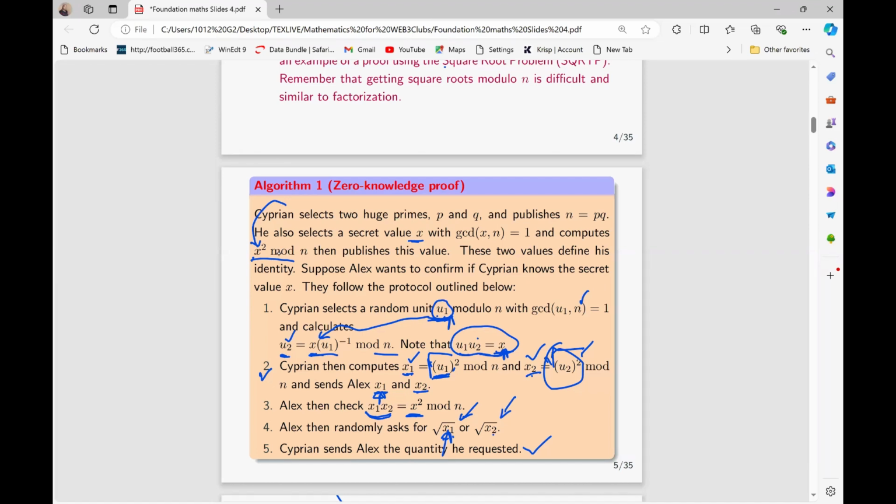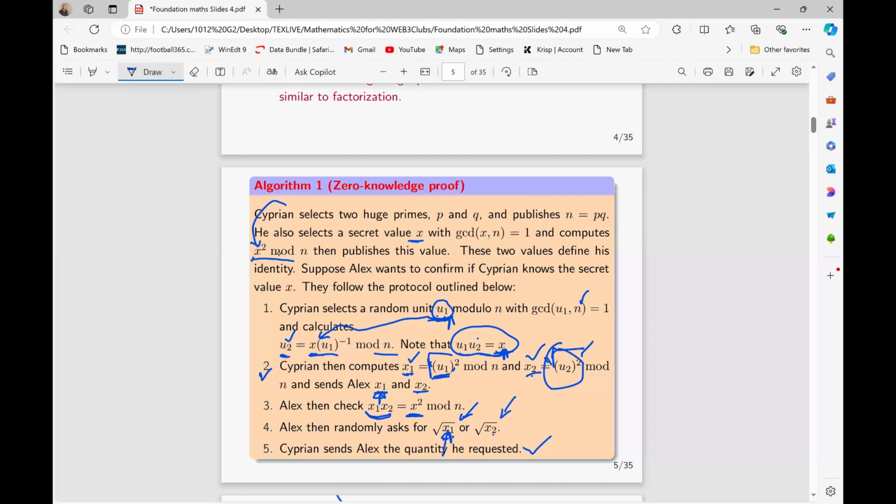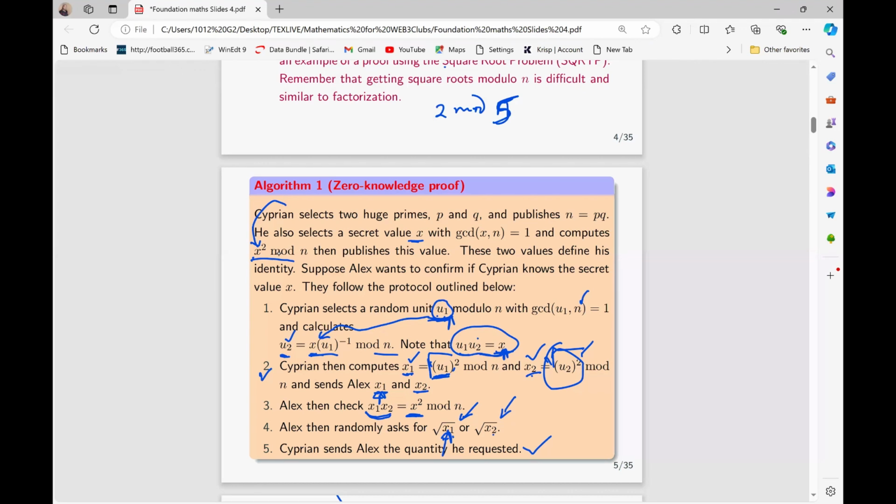For instance, if I was just to give you 2 mod n, let me say even mod 5, and ask you for the square root, it is not a very easy thing.